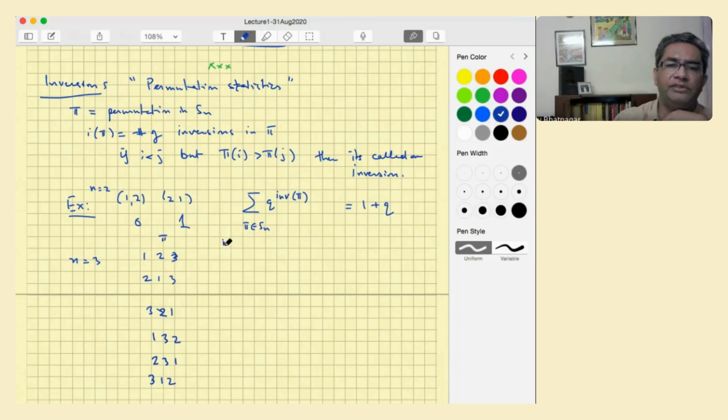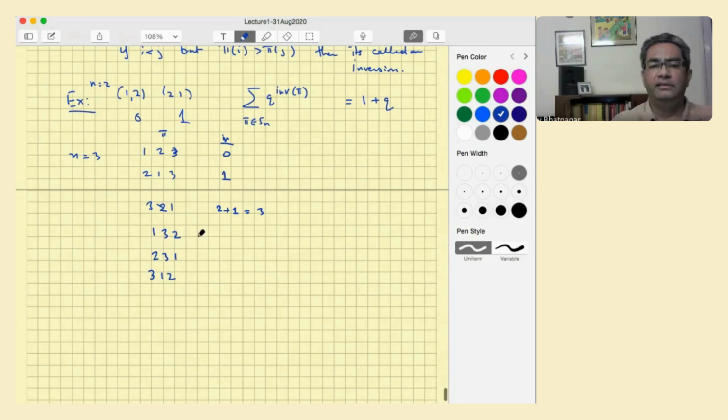What is the inversion number? There's nothing here. Here there's one inversion for 2, and nothing here. So you go look left to right, and see how many numbers are smaller. For 3, how many numbers are smaller than 3? 2. How many numbers smaller than 2? 1. So the answer is 3.